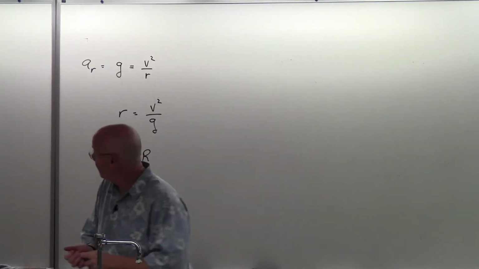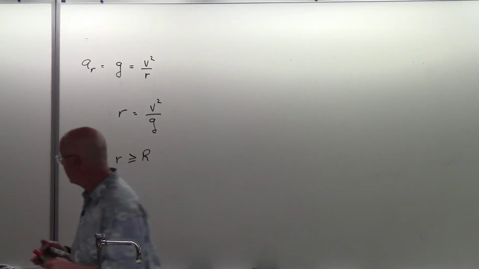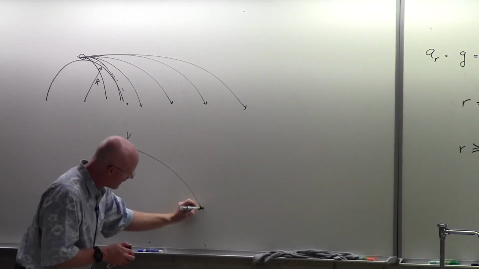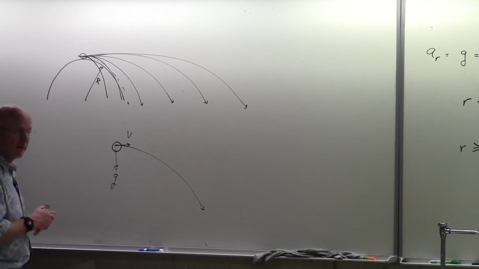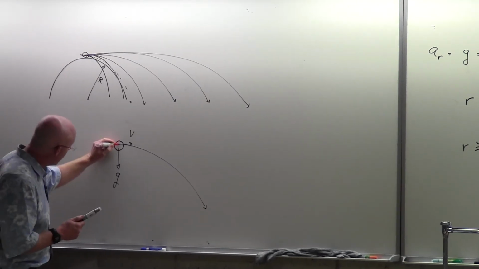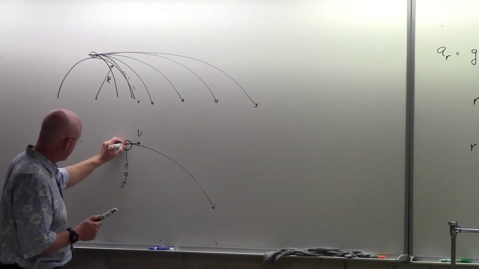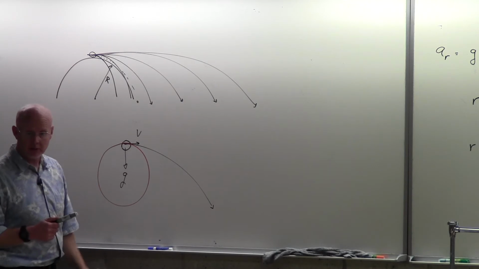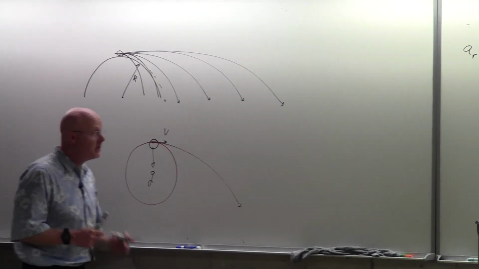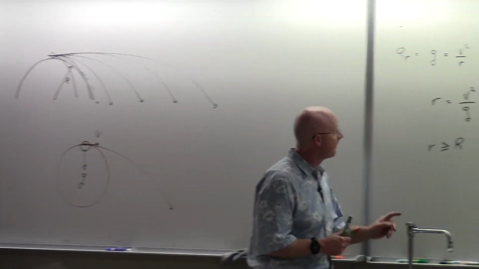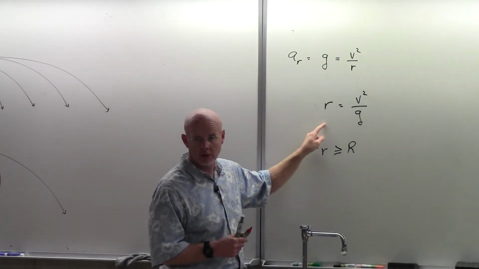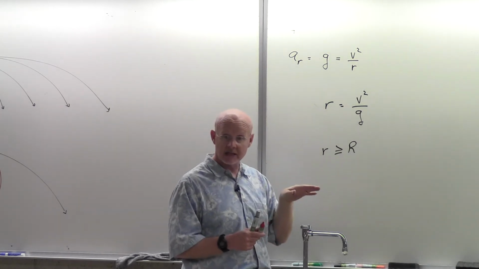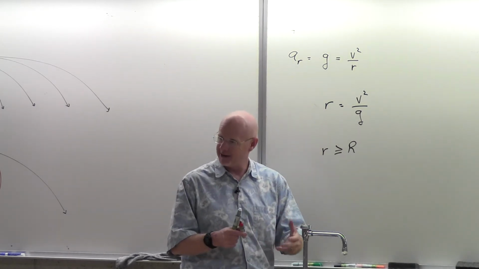And so maybe in a different color I should have drawn it here. That when this ball gets kicked, its motion looks something like that. The beginning part right there has a radius of curvature to it. That radius of curvature is given by this equation. So a small speed would mean a small radius of curvature, and if it is less than the rock, it hits the rock.